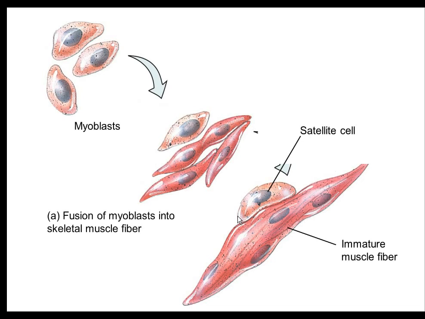Now, once we have the fusion of those skeletal muscle cells, you'll notice that we have tons of nuclei. And once this occurs, the skeletal muscle cell will lose its ability to divide. Now think about this. If you have 15 nuclei, they're each going to need to go through mitosis.